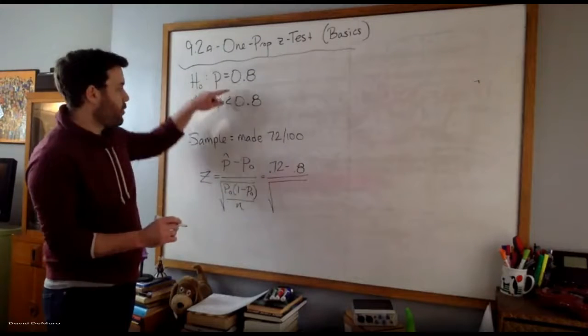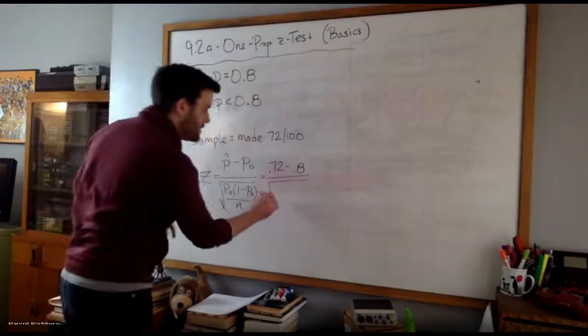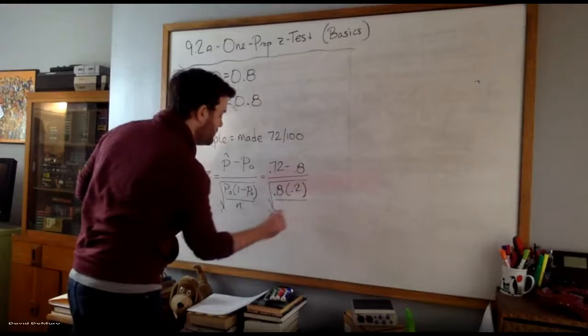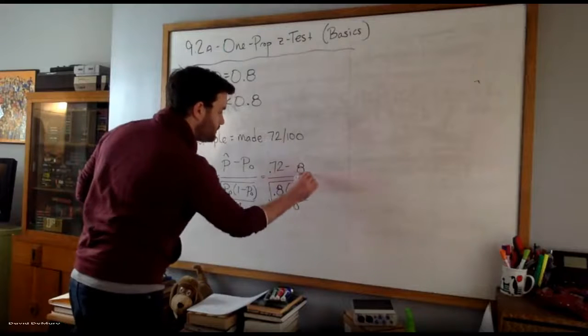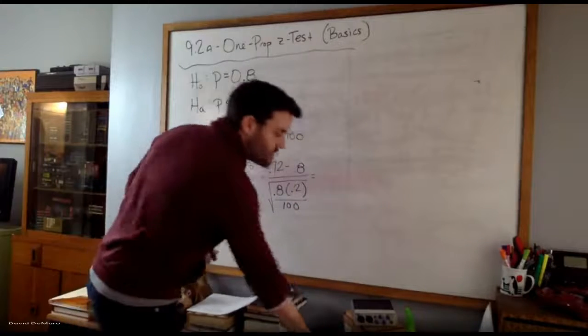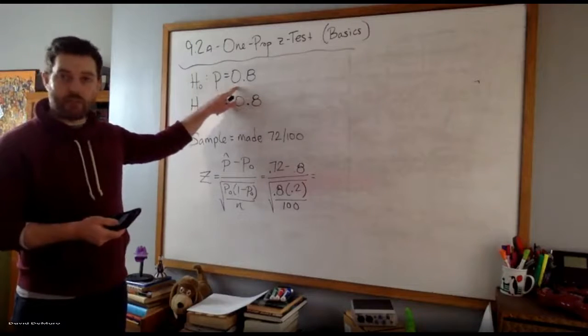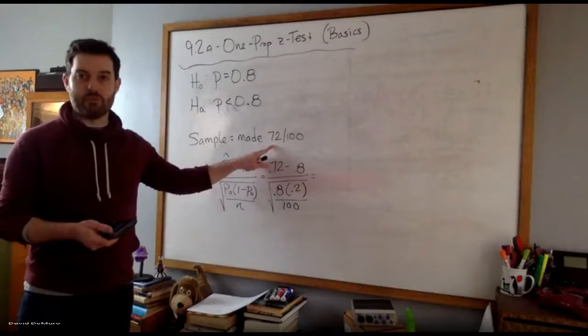So we're going to be using 0.8 since we are assuming that null to be true in this test. So 0.8 times 0.2 over 100.